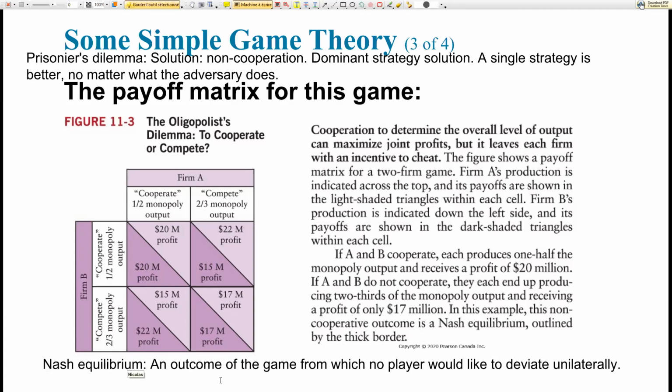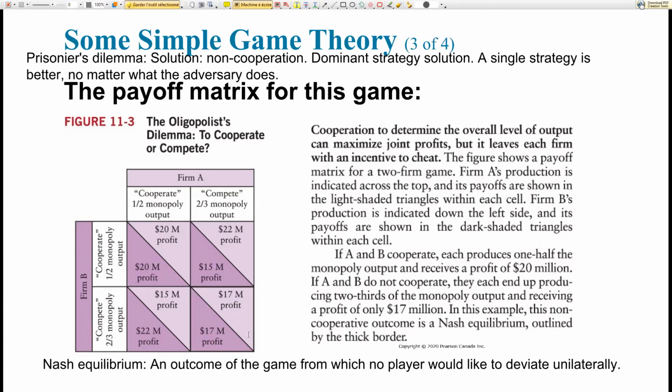And by the way, is that the best that the two firms could hope for or not? This outcome there, compete. Well, no, if they both cooperate, they both make more money. Yes, exactly. So that's the whole tragedy of this game.